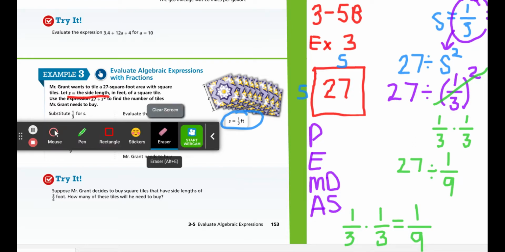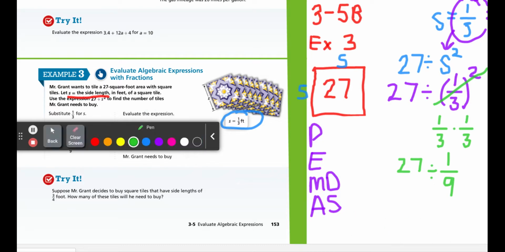Okay, so we have 27 divided by 1/9. Now I see some division with a fraction. We need to make everything a fraction. And now we have to remember those 3 letters from when we're dividing fractions. Keep, change, flip. 27 over 1. Change that division sign to a multiplication sign.